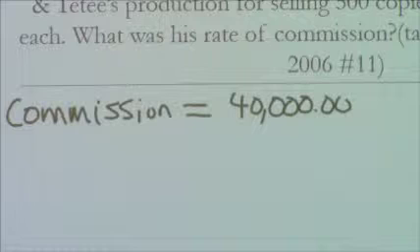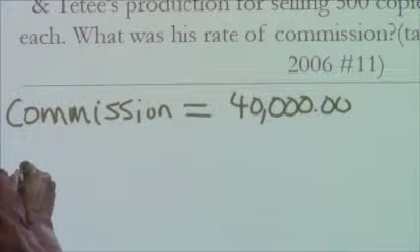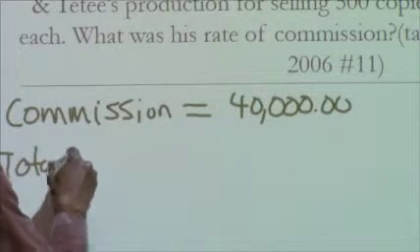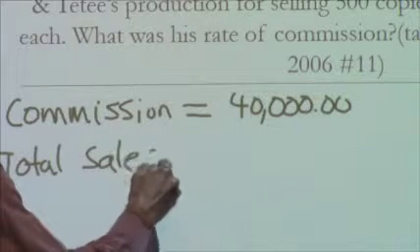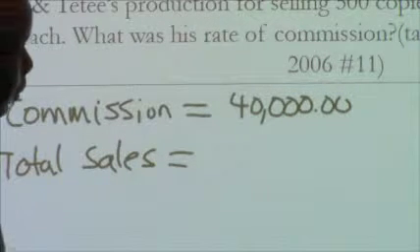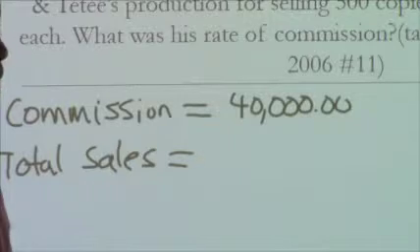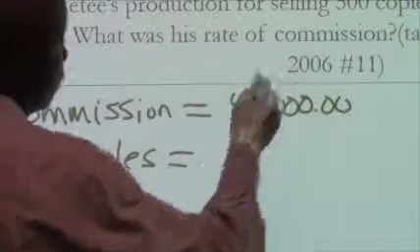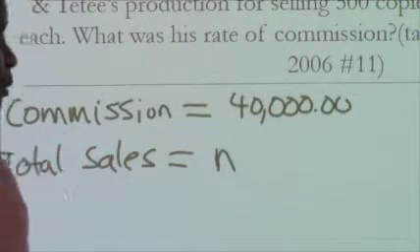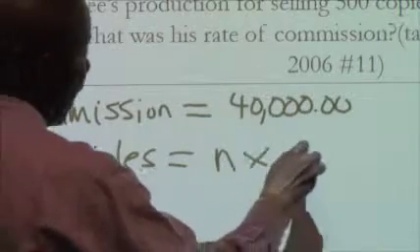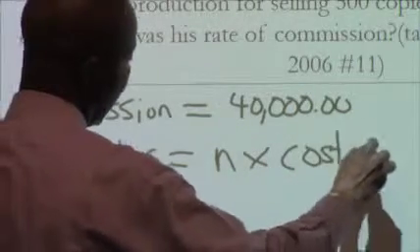Good. Now, what was the total sales? In this problem, you have to determine the total sales. In most problems, you are given the actual total sales, but in this problem, you have to determine the total amount. You need to multiply the number of items sold by the cost per item.